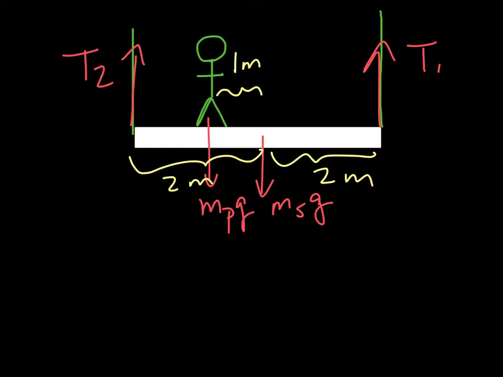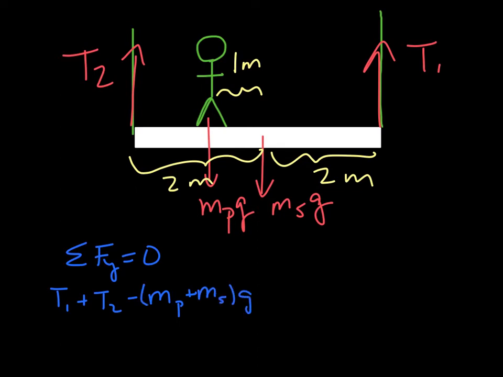So now let's look at the sum of forces in the y direction equals 0. Mass times acceleration in the y direction is 0. We have T1 plus T2 minus, I'm just going to combine the mass of the painter plus the mass of the scaffold times G equals 0.